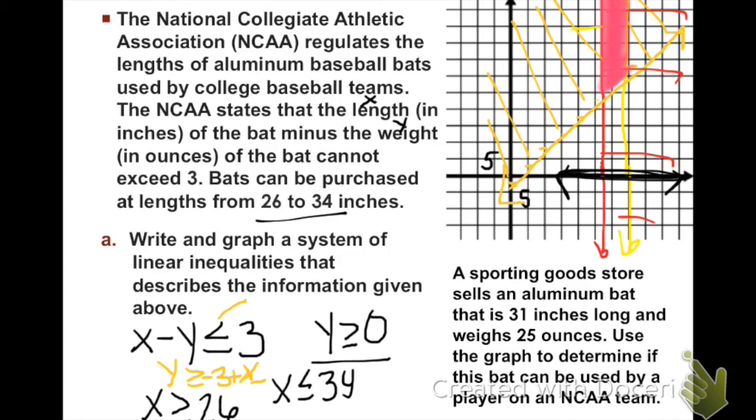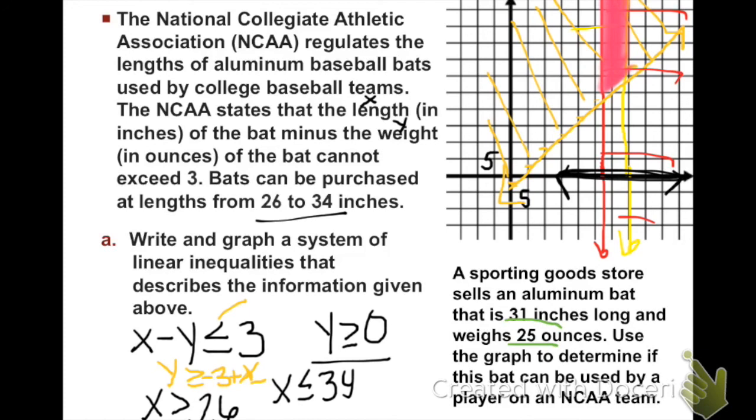Then it asks, if I have a bat that is 31 inches long and 25 ounces, will I be allowed to use it? So 25 ounces, 5, 10, 15, 20, 25, would be that line.